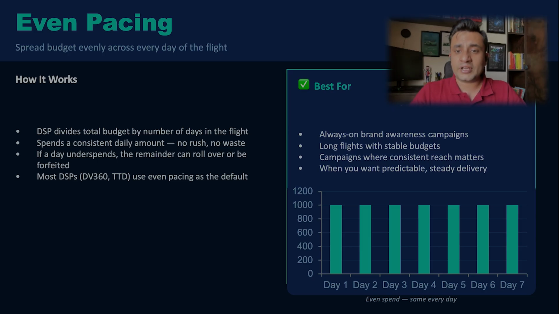It is good when you want predictable and steady delivery because it's evenly paced. So, this is one example. Day 1 the campaign spent $1,000, day 2 $1,000, day 3 $1,000. So it's evenly spending the entire budget. Let's say the budget is $7,000. In 7 days, it spent $1,000 each day. Even spend, same spend every day.